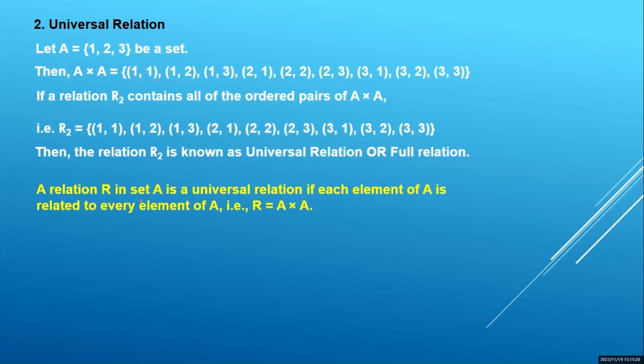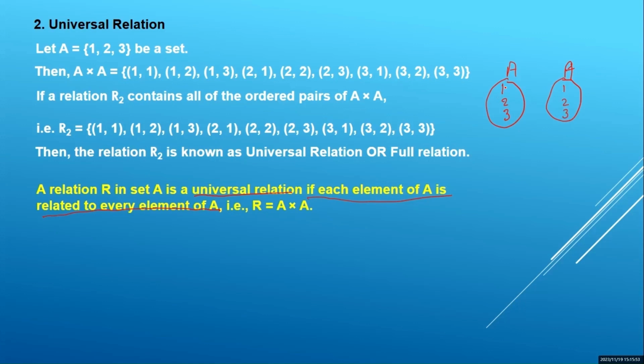Now let's see how to define it. A relation R on set A is a universal relation if each element of set A is related to every element of set A. That means there is a set A with elements 1, 2, 3.